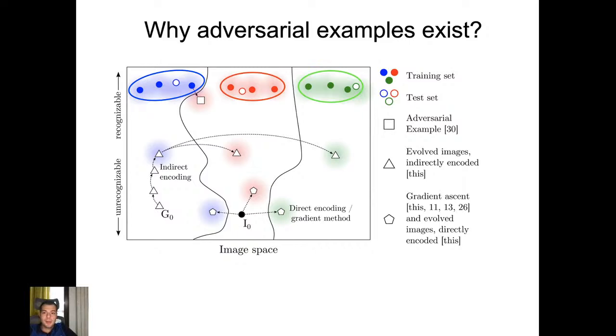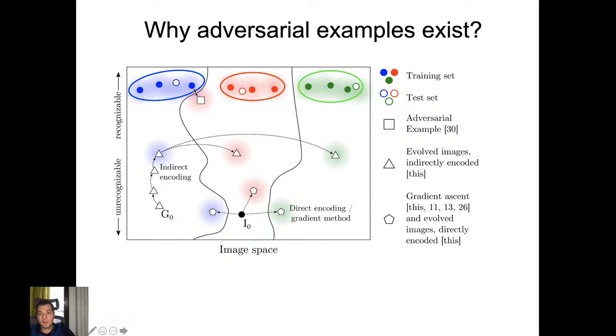And I think the main problem is also linked with the curse of dimensionality. Essentially, you have these training examples that are embedded in this high dimensional space, and these are actually embedded only with respect to some direction.